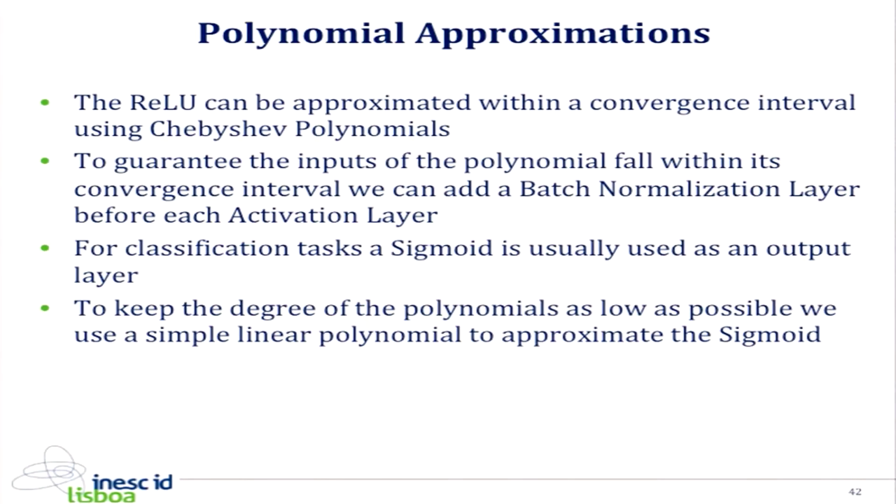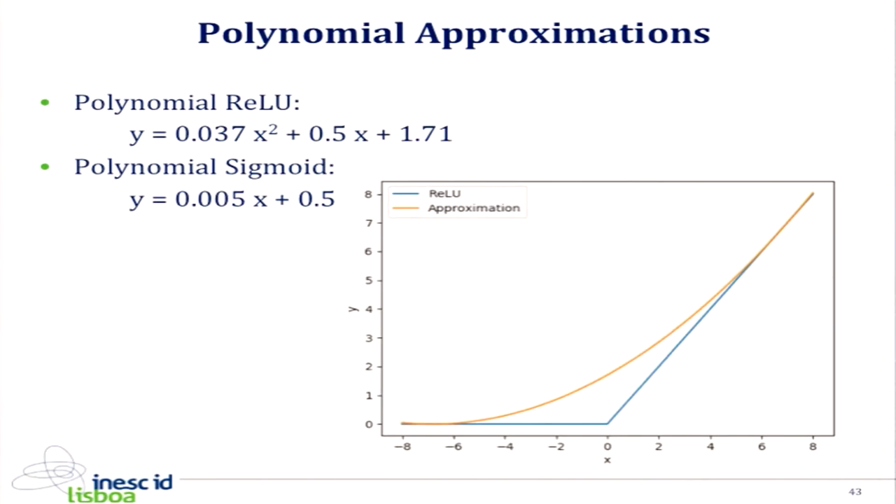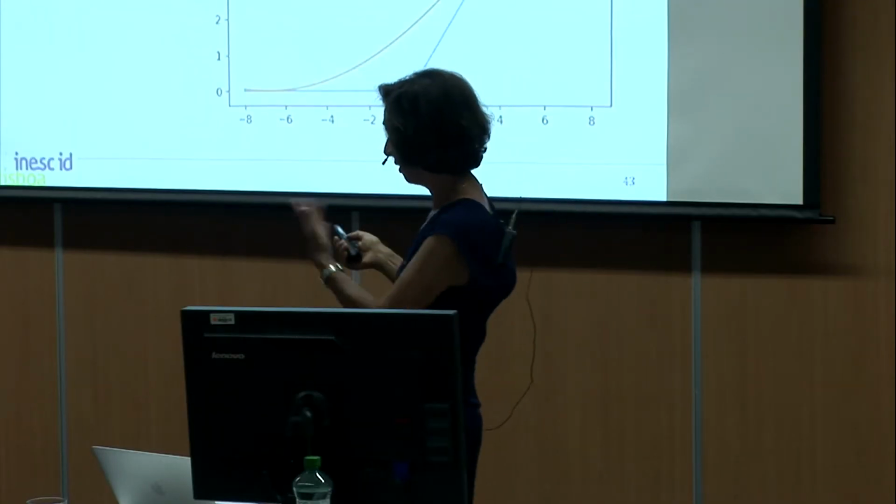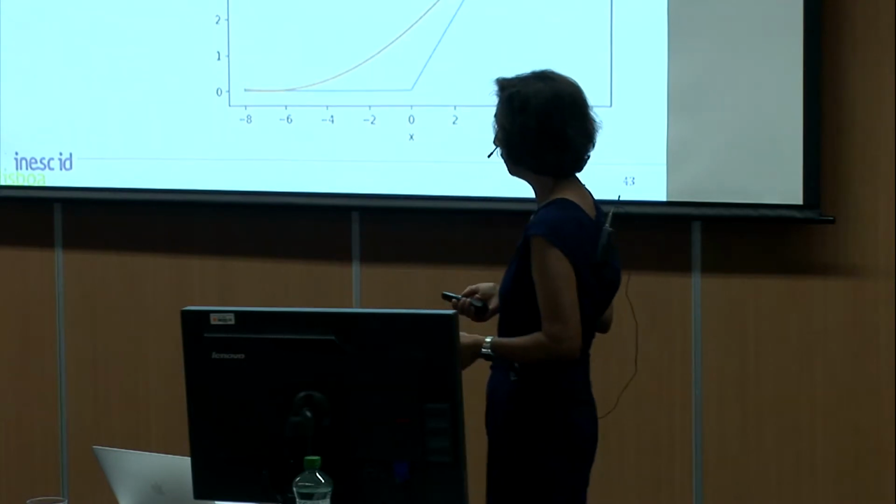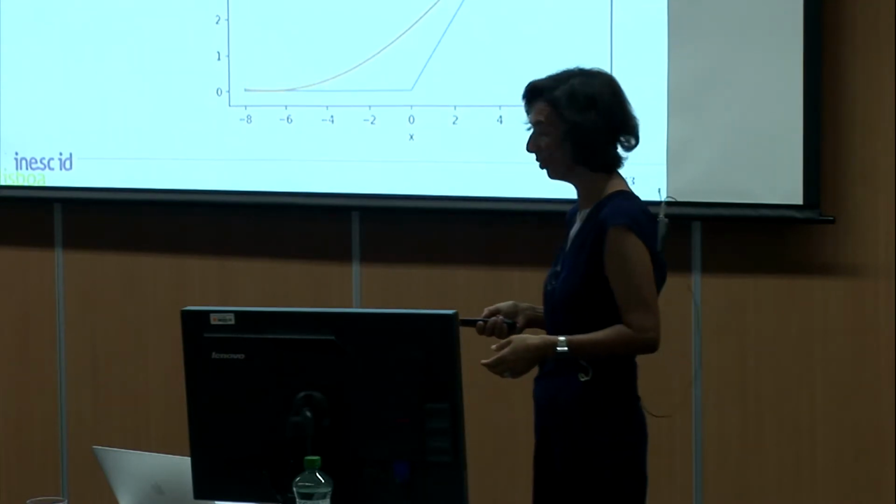We had to keep the degree of the polynomials simple to approximate the sigmoid. What's important to notice here is that in order for these approximations to be effective, we have to make sure that the inputs fall within the range in which these approximations are valid. So this is also one of the purposes of the batch normalizations that we have to do.